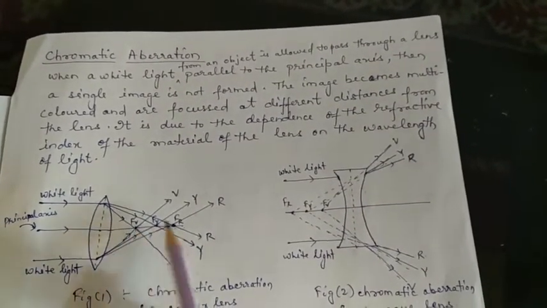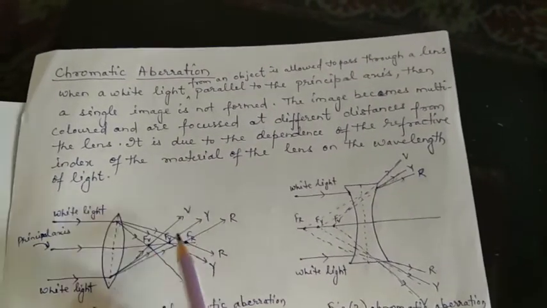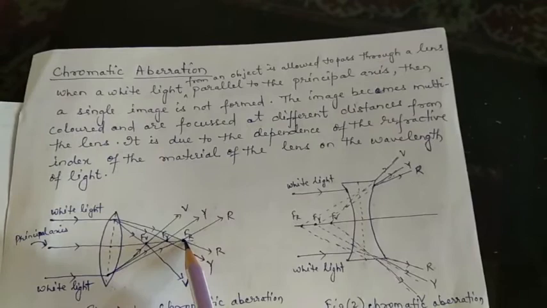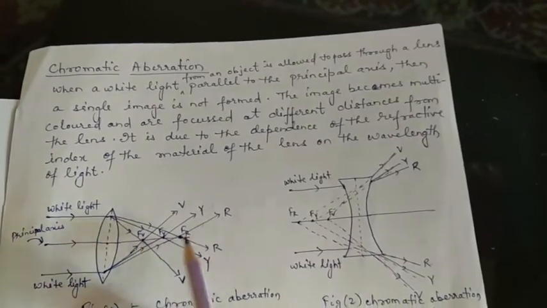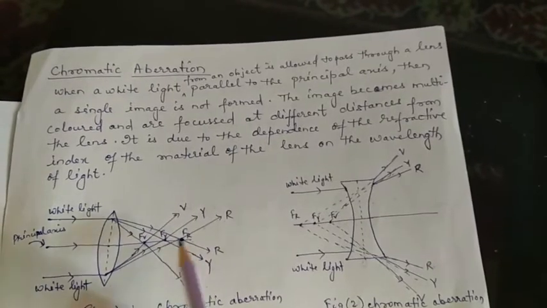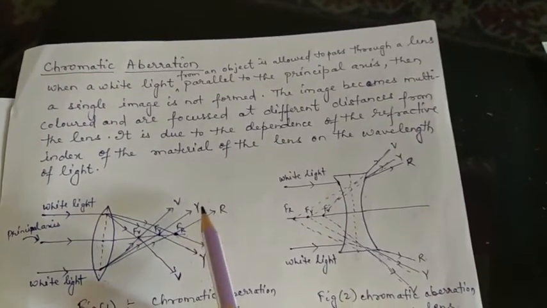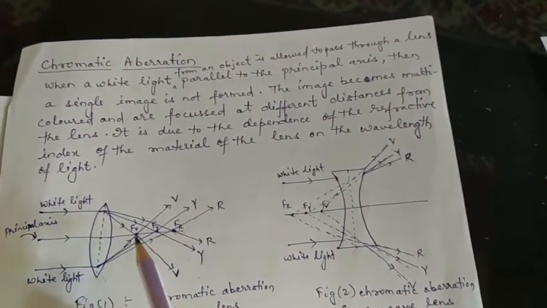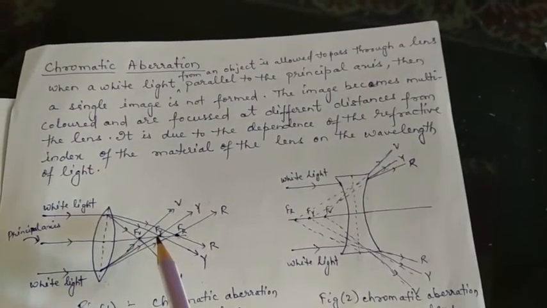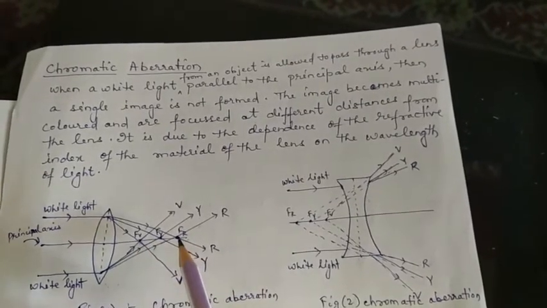And this FV and FR are the focal length for violet colored rays and the focal length for red colored rays. And intermediate between these two colors you have the other colors. Here I have drawn a yellow colored ray which is midway between this violet color and the red color.